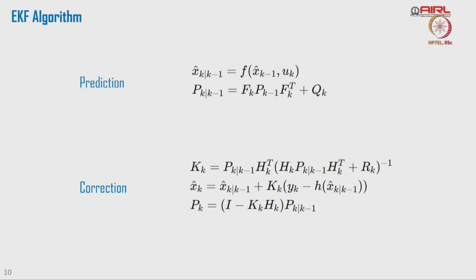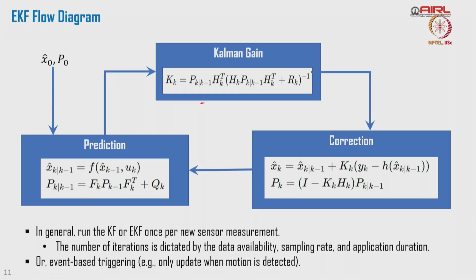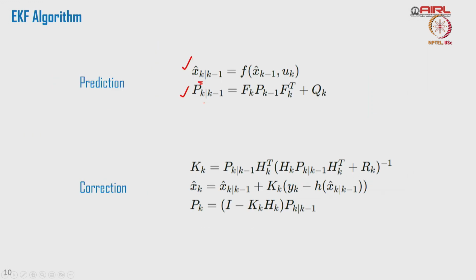Okay. Now, the extended Kalman filter does the same thing. It predicts the state and the covariance at time step k. So, this is the state prediction and covariance prediction at time step k given the measurement at time step k minus 1, and it is done like this.